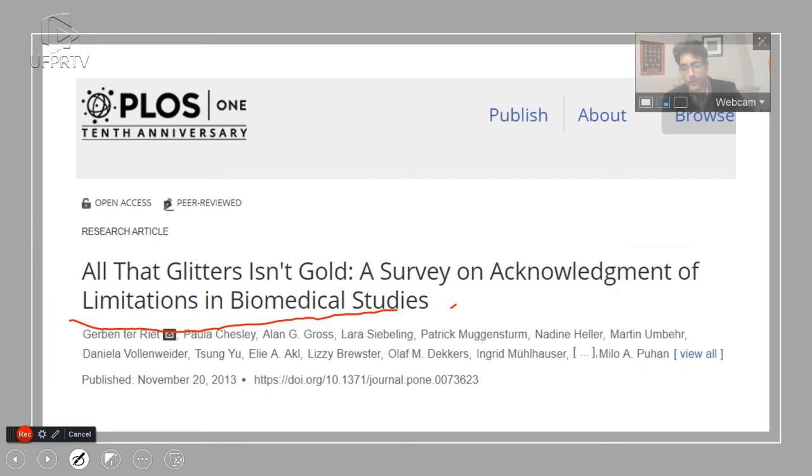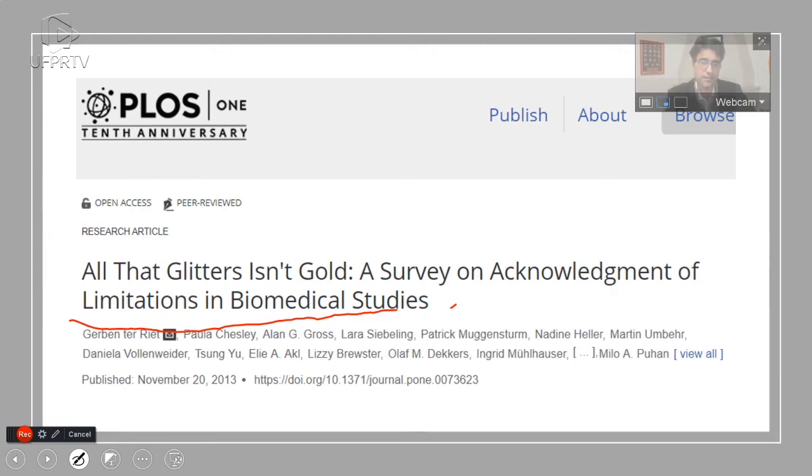Of course, when you're talking about the health sciences and the biomedical sciences, potential treatments and things that have to do with people's health, clearly you have to be honest about how strongly you can claim that your research is valid or useful or does what you say it's supposed to do.